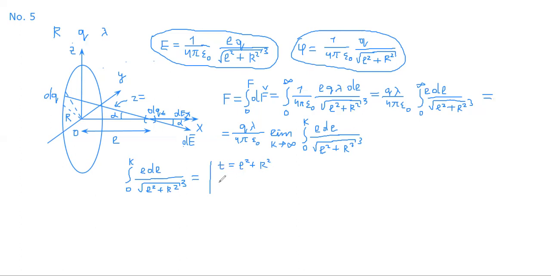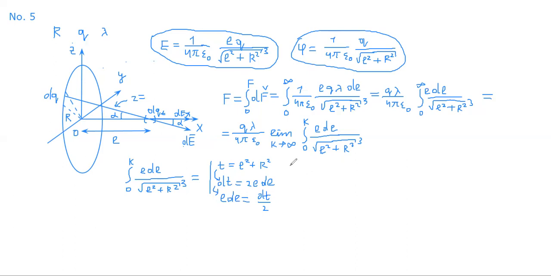According to this substitution, differential dt is equal to 2L dL, and from here we have that L dL is equal to dt divided by 2.